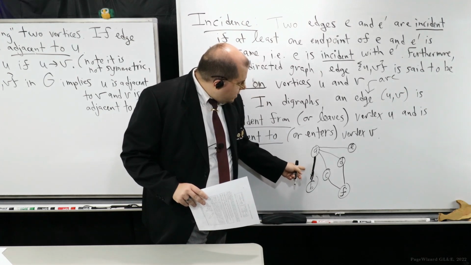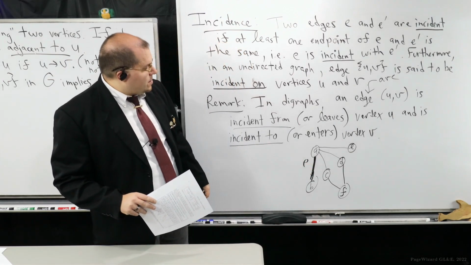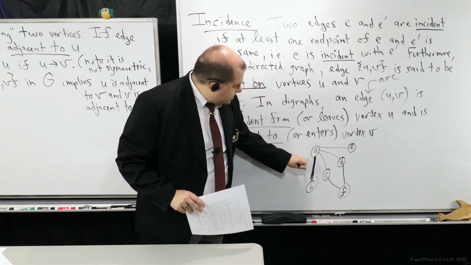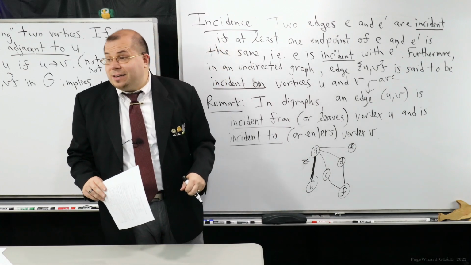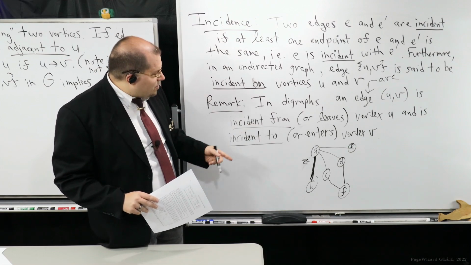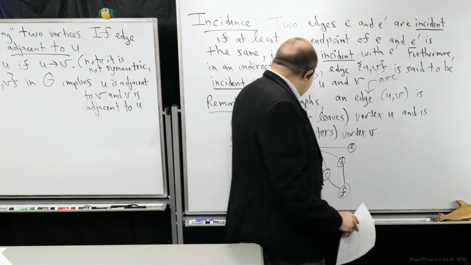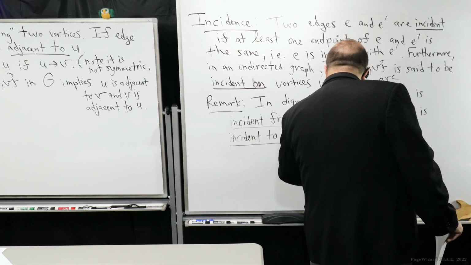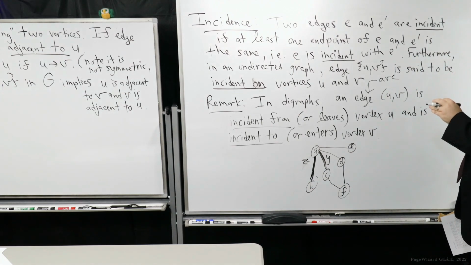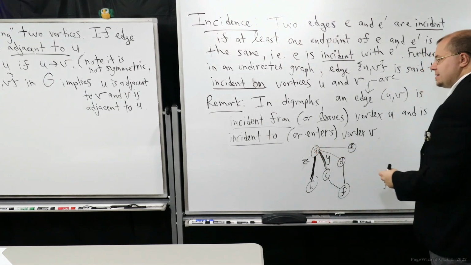Well, if I call this E, which is kind of confusing because that's a vertex, I'll call it something else. Let's call it Z. So edge Z is incident on vertex A. It's also incident on vertex B. And if I had another edge that shares a common endpoint, say this is edge Y, I can say that Z is incident with Y, because these are two edges that share a common endpoint.